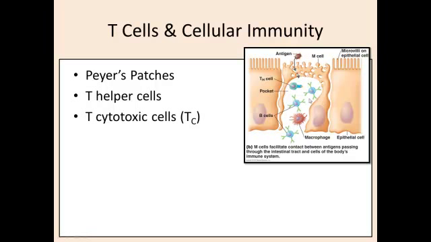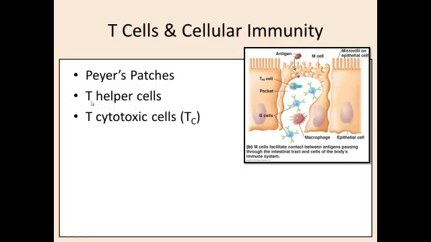And then we have your T cells and your B cells that look for their antigens. Also, macrophages can swallow down anything that it comes in contact with. Okay, so this is happening in your Peyer's patches as well as in your lymph nodes. So Peyer's patches looking for things that are in your intestines, lymph nodes looking for things that are already in your body, circulating in your lymph.